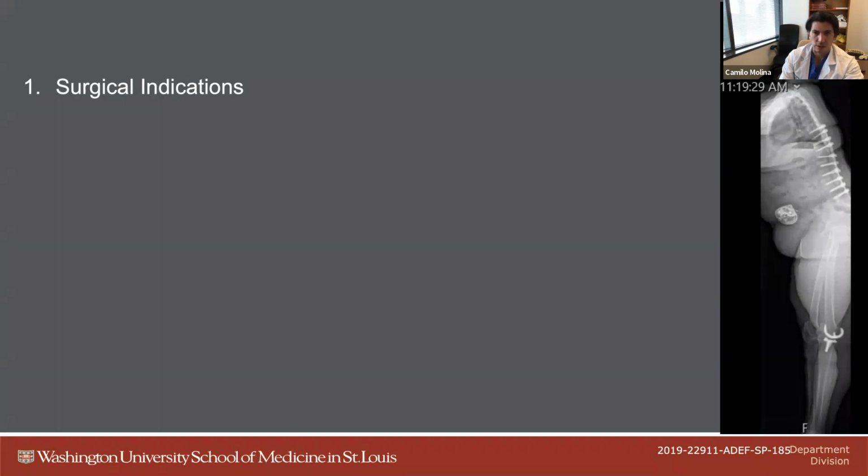She's got hyperextension of her upper thoracic spine and hyperextension of her cervical spine, all in the effort of trying to maintain a horizontal gaze. And she's starting to flex her knees already. One thing that you'll notice is her pelvic tilt is actually not that elevated, and it's because she has a low pelvic incidence, as I'll show you. And people with low pelvic incidences have very poor pelvic retroversion compensatory abilities.